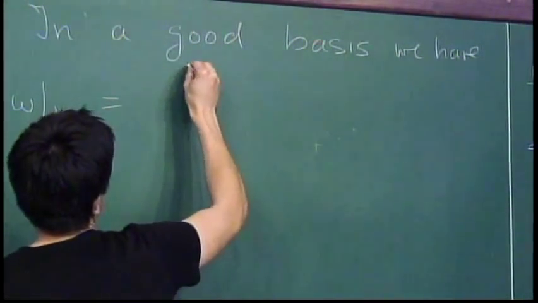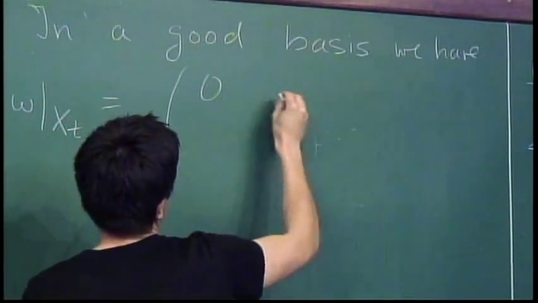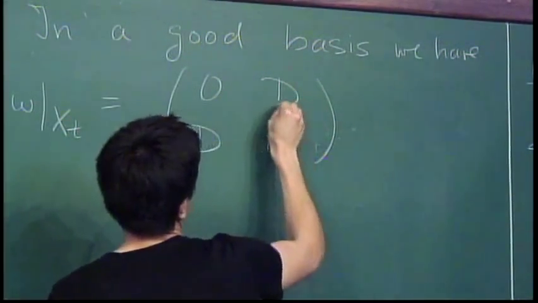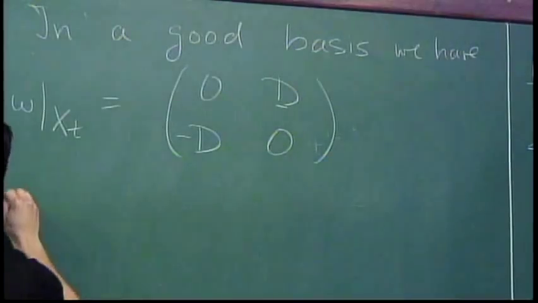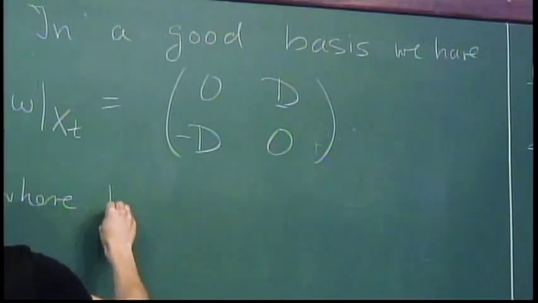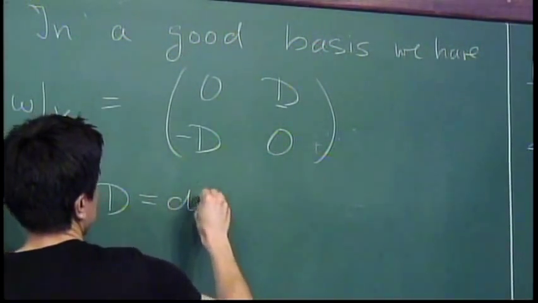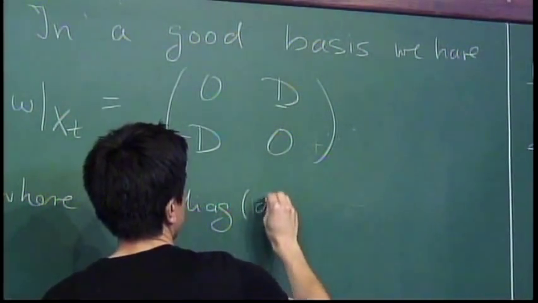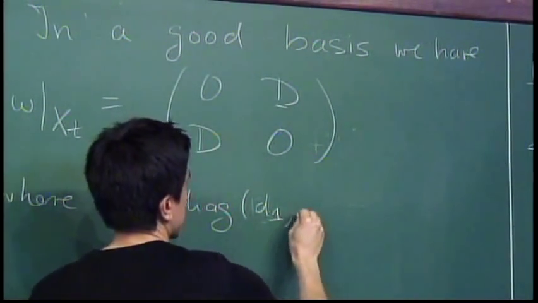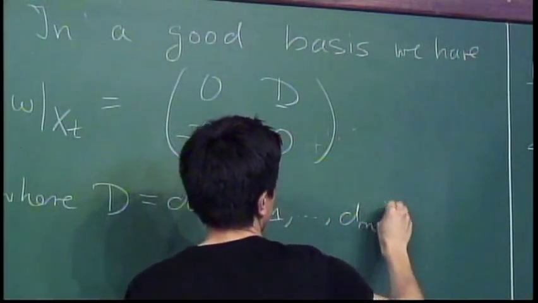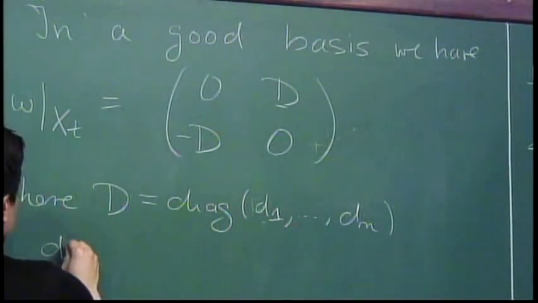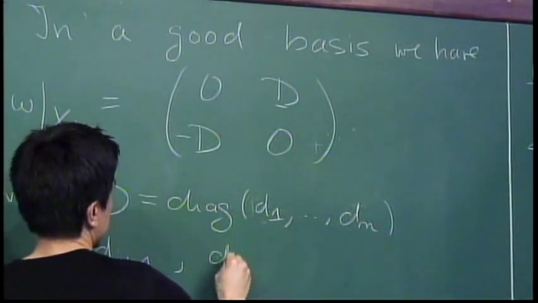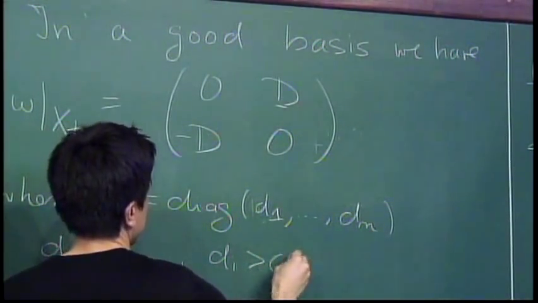We can write this as something like this, where D is a diagonal matrix with integers d_1 to d_n, such that d_i divides d_{i+1} and all integers d_i are positive.